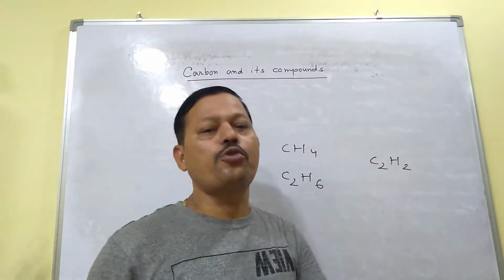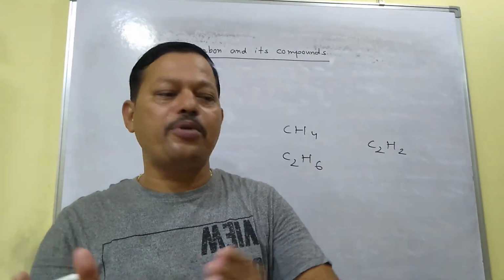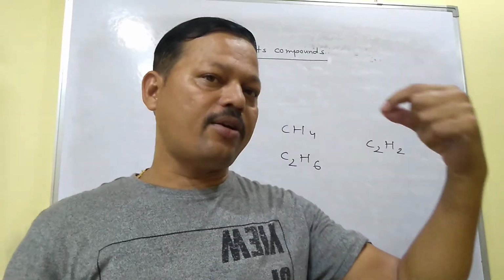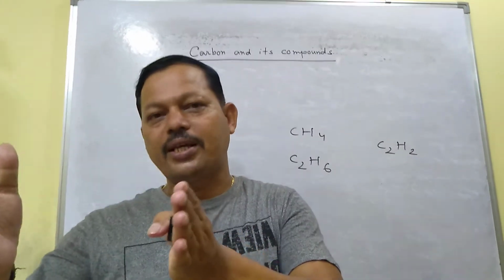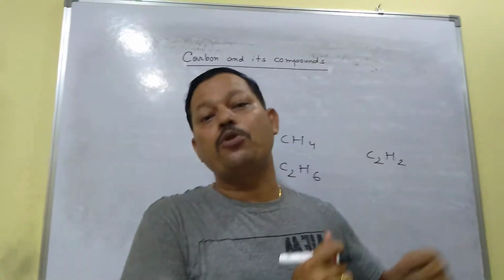Mainly there are two types of hydrocarbon. Some hydrocarbons are called saturated hydrocarbons, and some are called unsaturated hydrocarbons. As I have already told you, carbon can form a carbon-carbon single bond, a carbon-carbon double bond, and it can form a carbon-carbon triple bond also.